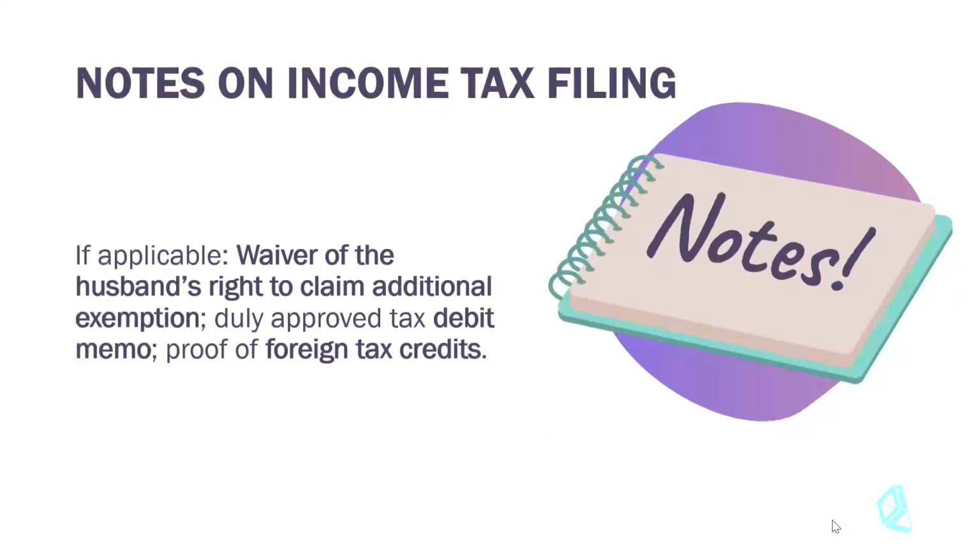So here are just some notes on income tax filing. First, if applicable, waiver of the husband's right to claim additional exemption. So generally speaking, this is no longer applicable because of the TRAIN law.